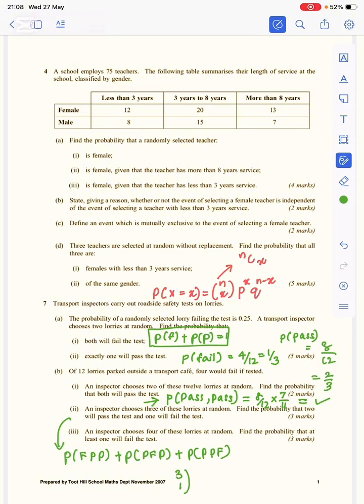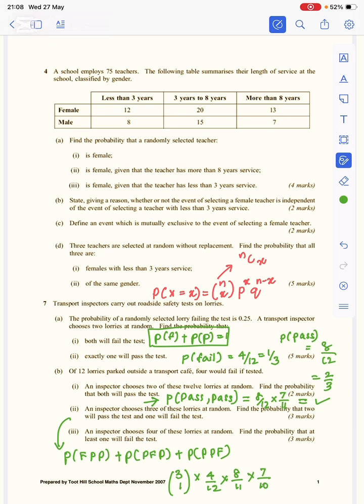3, 1 times, everything is the same. Failing is 4 divided by 12. Then passing the second is 8 divided by 11. Then 7 divided by 10.